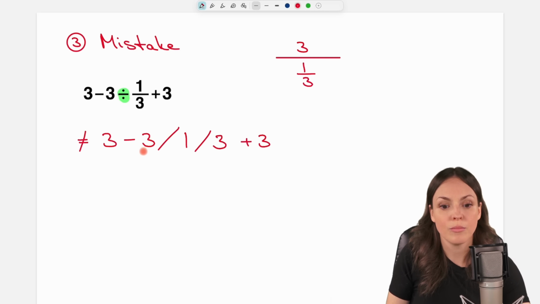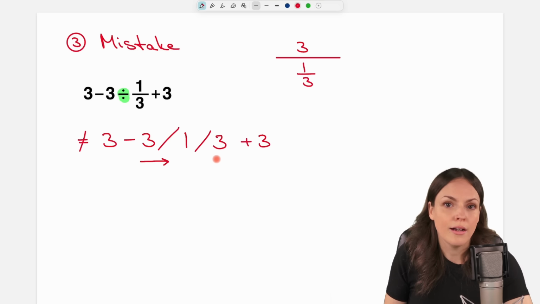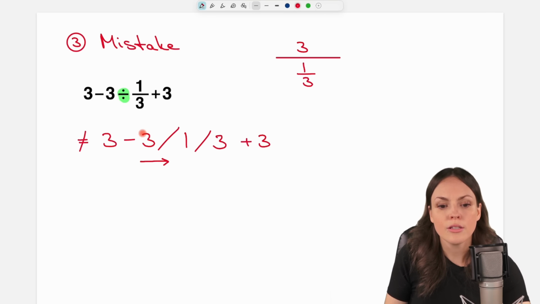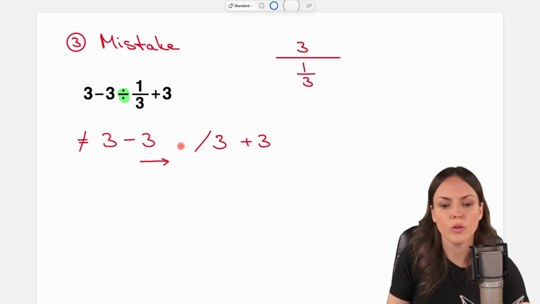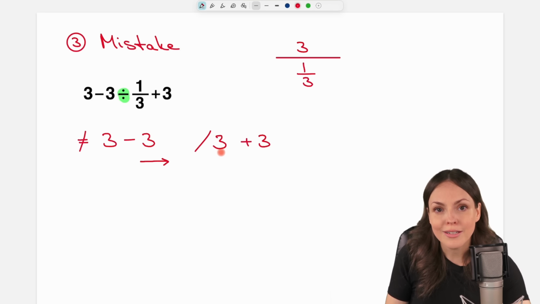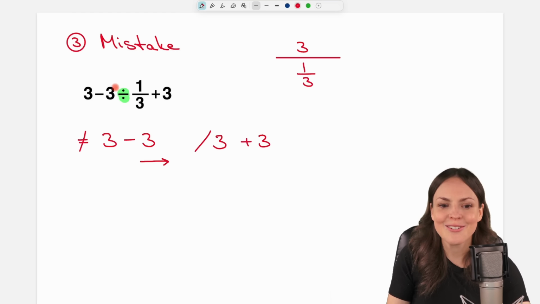So it means, because there are only division symbols here, that you can start from the left to the right, and that is what your calculator on the smartphone will do. It will calculate 3 over 1 first, which equals 3, so we don't need this over 1, and then you have 3 over 3, which is definitely not the same as 3 over 1/3.